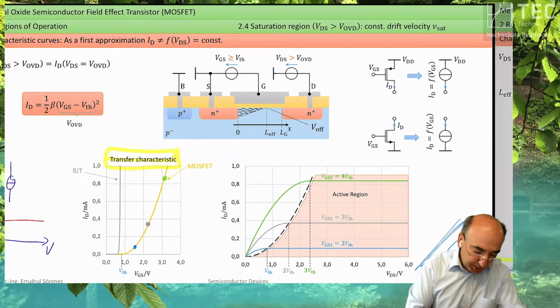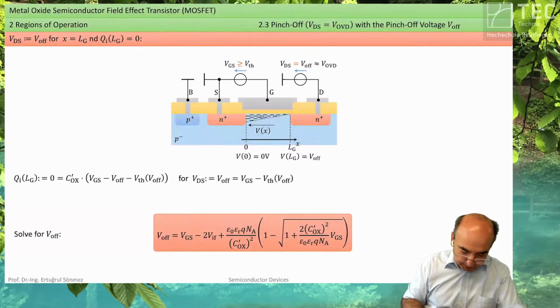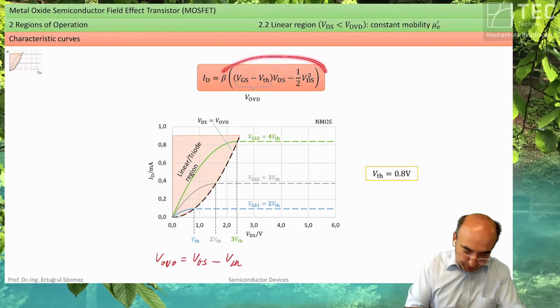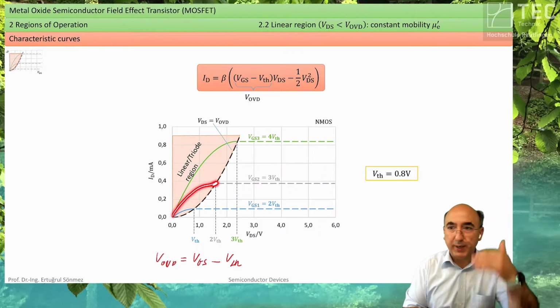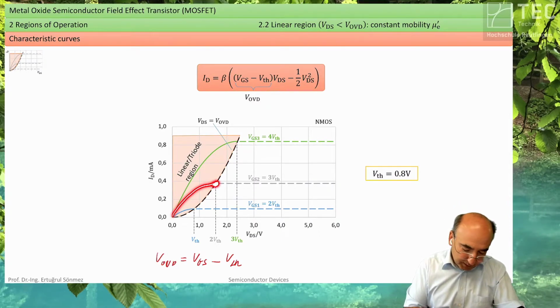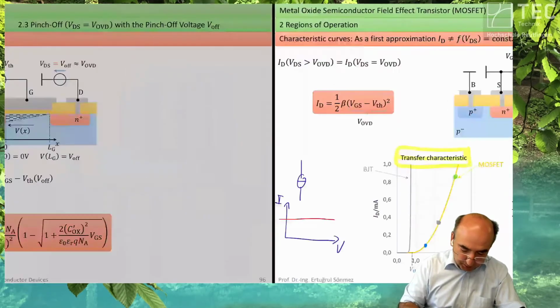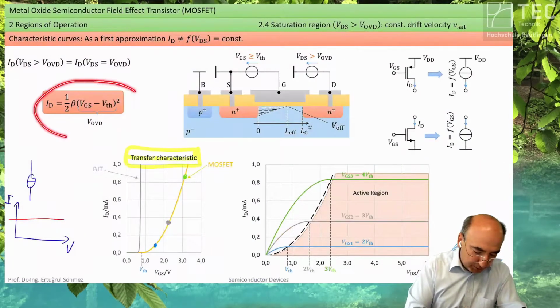If you reach this tipping point of the equation, then you have the maximum value, and this maximum value is reached if you set into the drain source voltage the overdrive value.